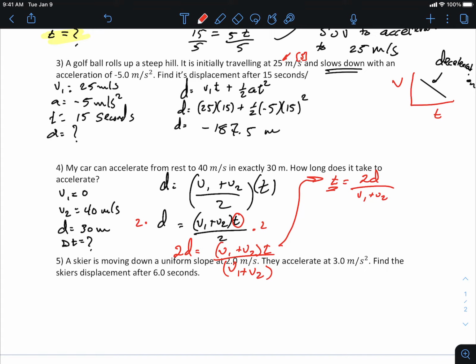So if that's the thing I'm interested in, how long did this take? I now have an algebraic expression because I've manipulated what was originally given to me to solve for it. And now all the things that I'm given are all things that I could just plug directly into this equation that I've just isolated myself, right?